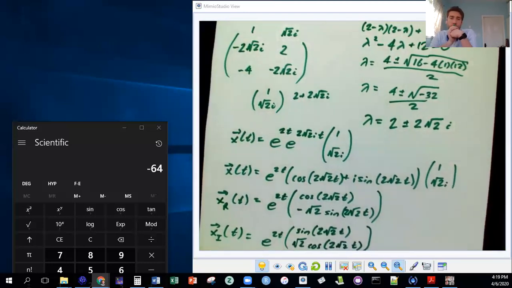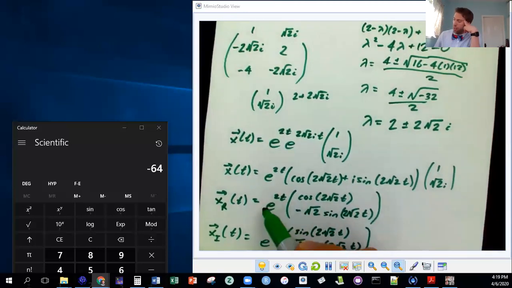And then any generic solution would be c1 times that plus c2 times that.